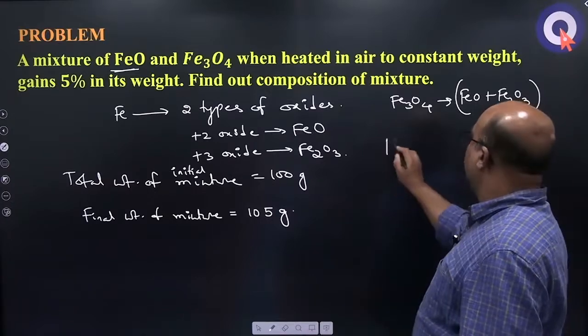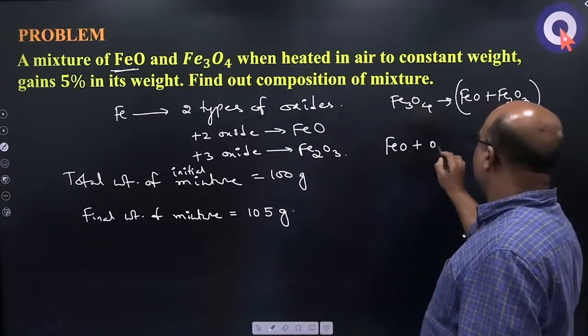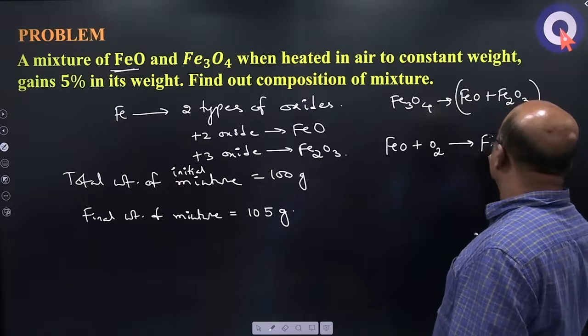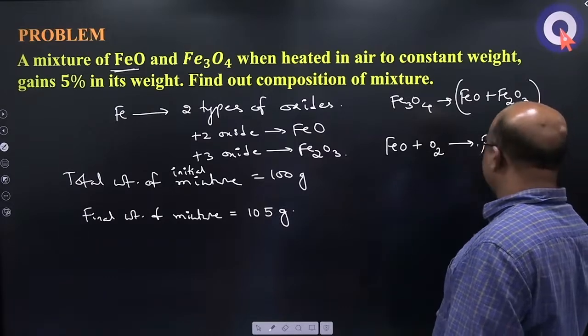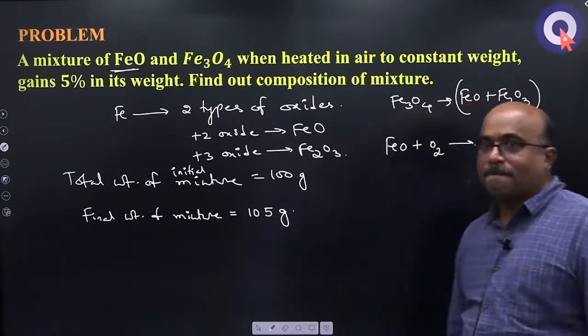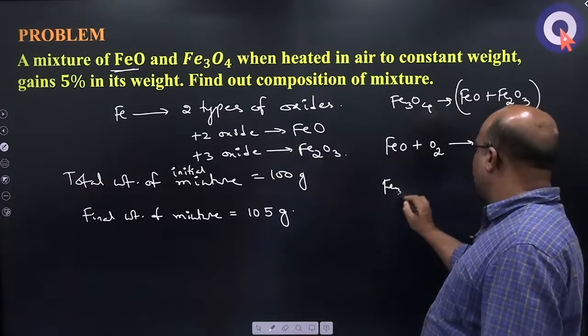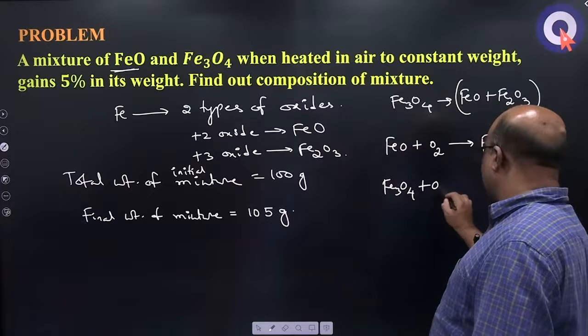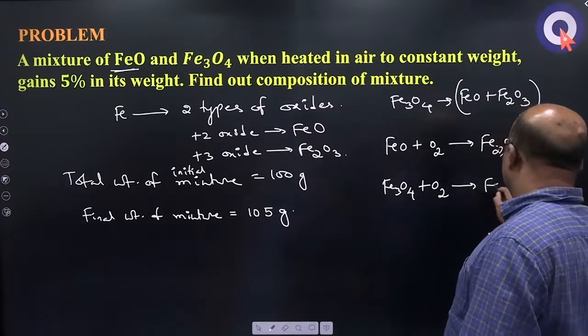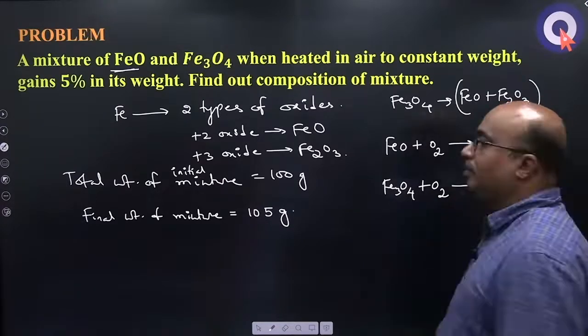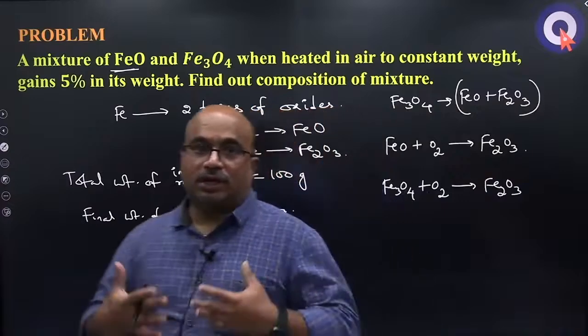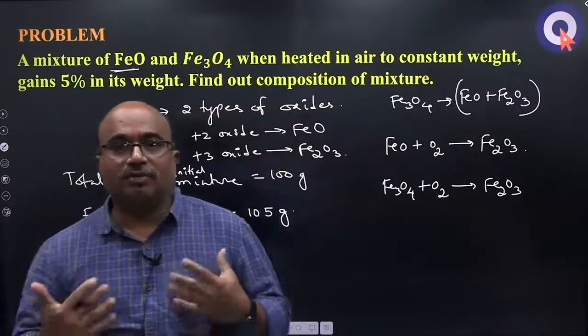But FeO reacts with oxygen and converts into Fe2O3. Clear? And similarly, Fe3O4 also reacts with oxygen and converts into Fe2O3. That iron Fe+2 converts into Fe2O3.